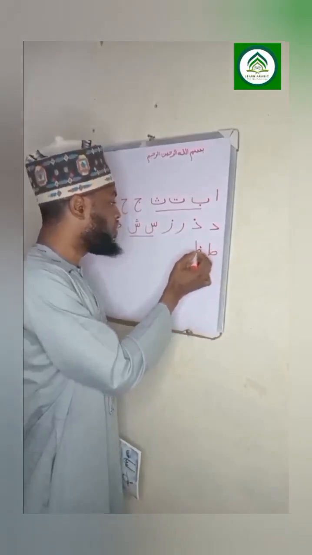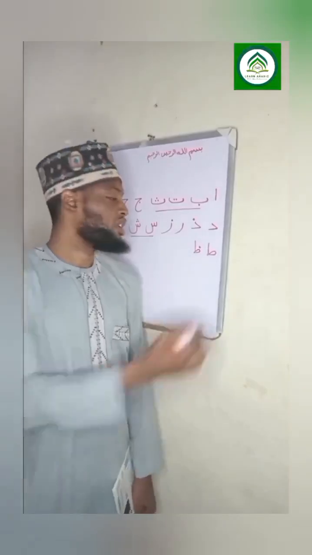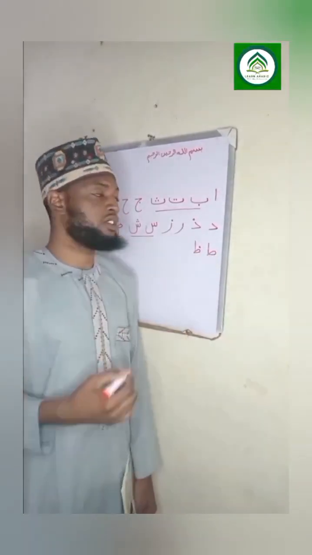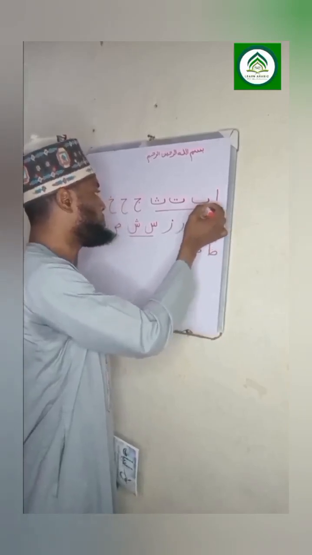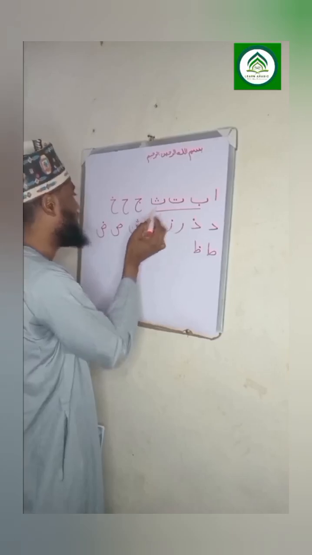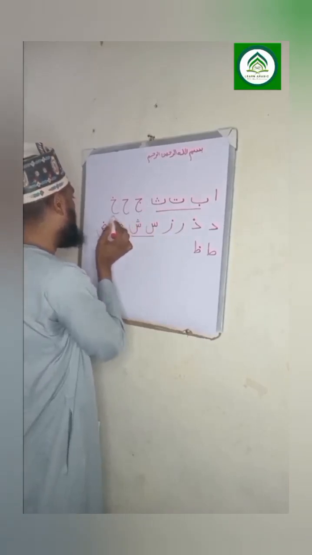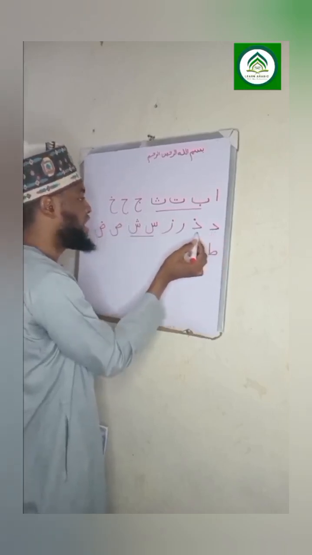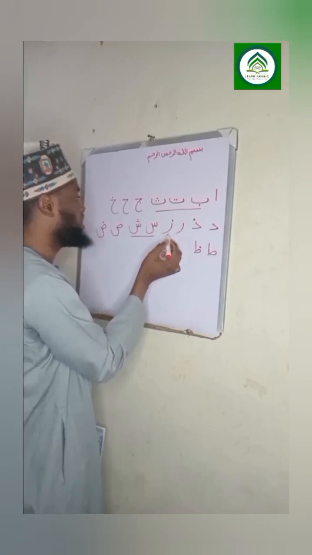And this one, Za, Za. Ta, Ta, Za, Ta, Za. Now practice it with me. Let us start from the beginning. Alif, Ba, Ta, Tha, Jim, Ha, Kha, Dal, Zal, Ra, Zai.